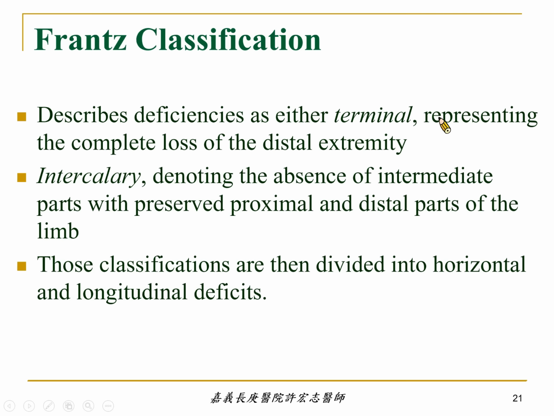And the third one is the French classification, which was often used in European countries in the early times. So if you read textbooks about upper or lower limb deficiency in the library, you can notice that the classification is quite different.